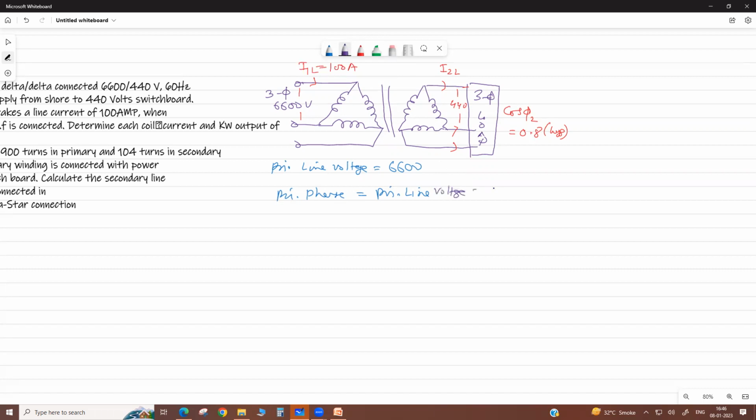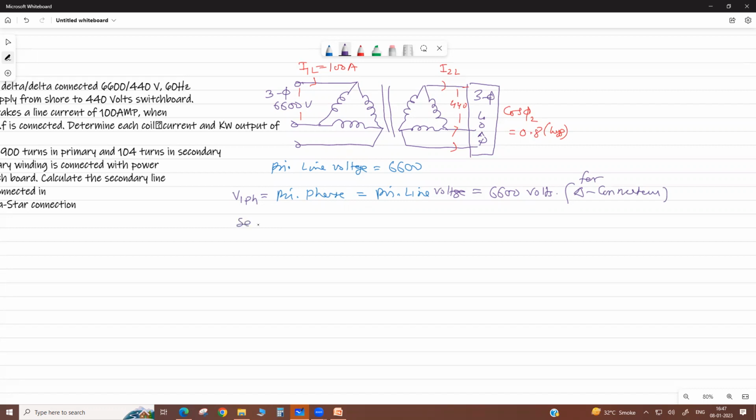Because for delta connection, first we convert the line voltage; we get the primary phase voltage. This much volts. You can write, for delta connection, the phase voltage equals the line voltage.